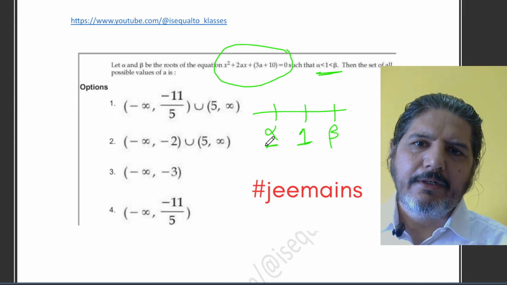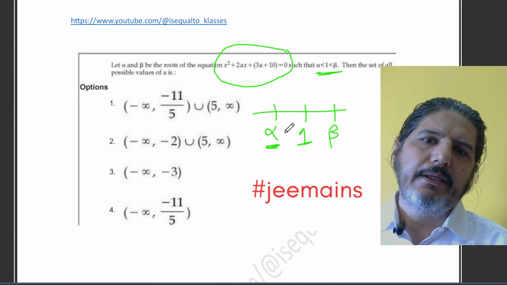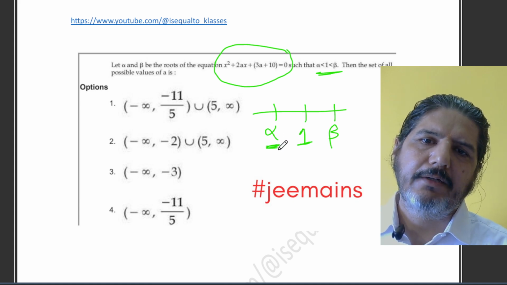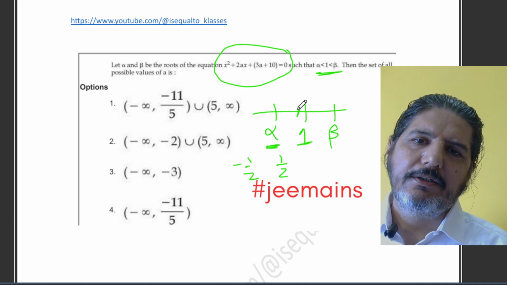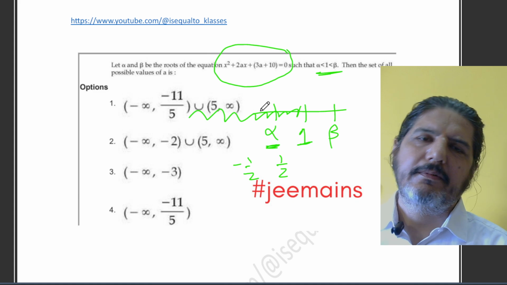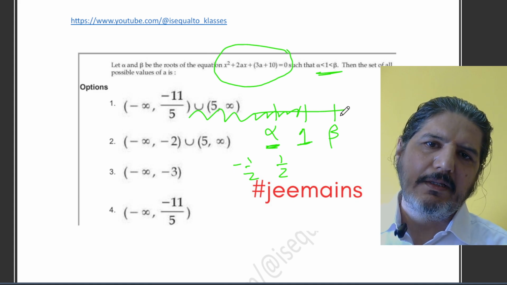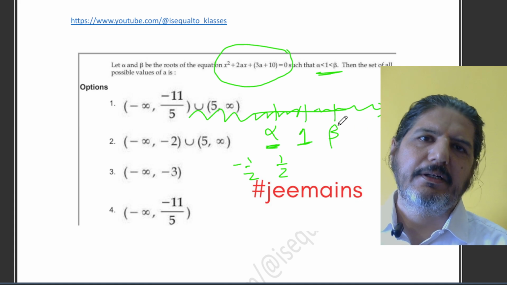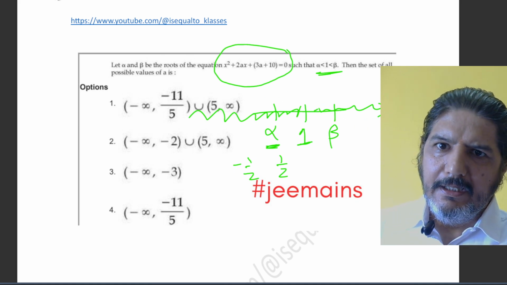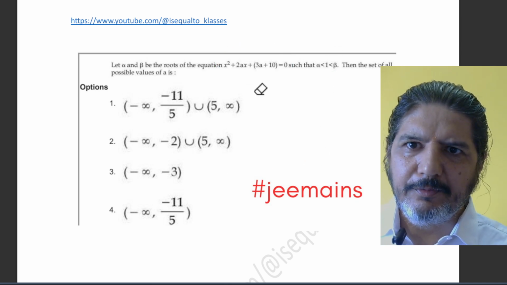Another thing you need to understand about alpha is that it can be positive or negative. It can be half or minus half. So this is the region where alpha would lie, and beta is greater than 1, so this would be the region where beta will lie. This should be our understanding even before we start the question.